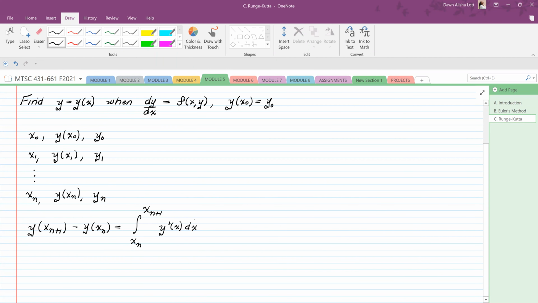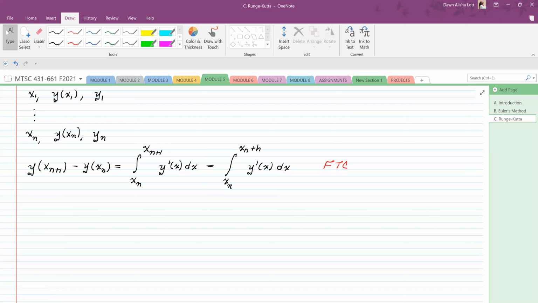So that's what we get when we integrate. And so now xn plus 1 is some xn plus h. And then this is y prime at x dx. So this is now just using the fundamental theorem of calculus. And that's very simple.